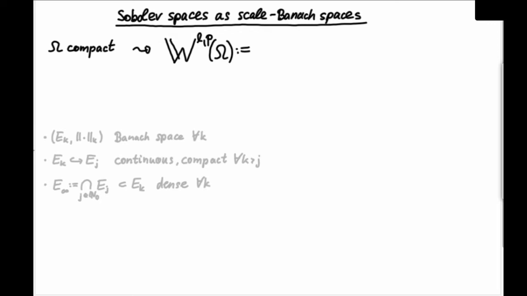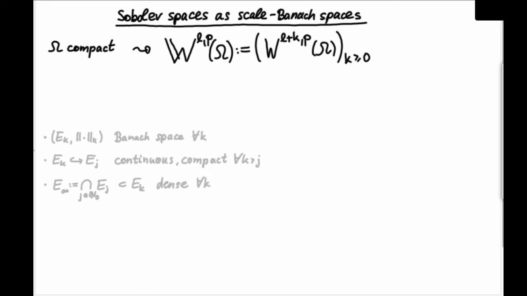Right? So this means I want to put a scale structure on the Sobolev space W^{l,p}. And I can do that by taking the dense subspaces that have a little bit more differentiability. So it starts at W^{l,p}, then it goes to W^{l+1,p}, and so on.